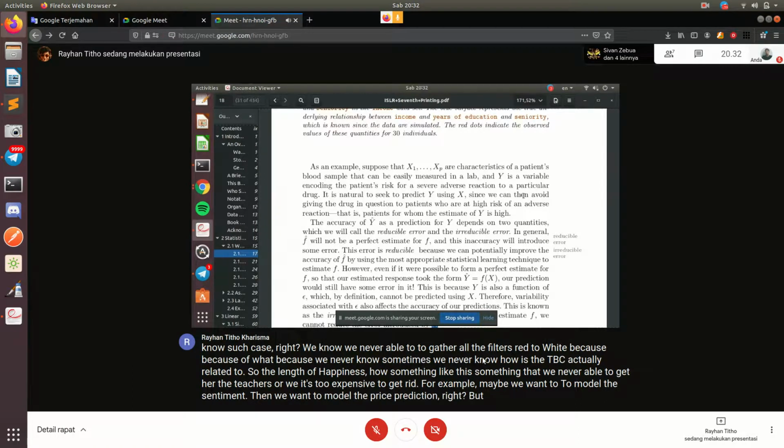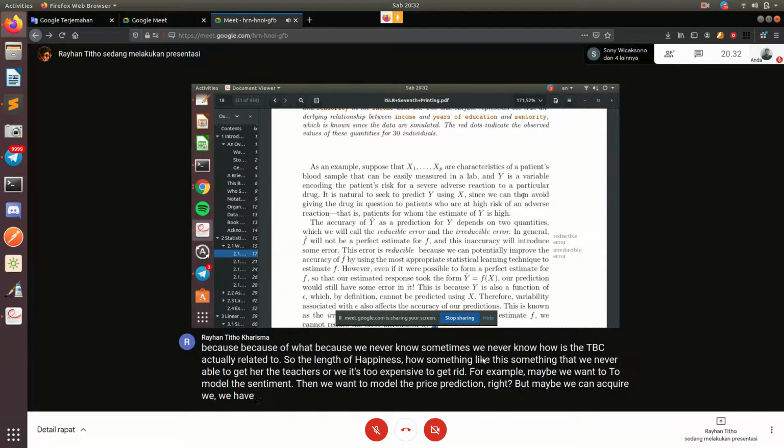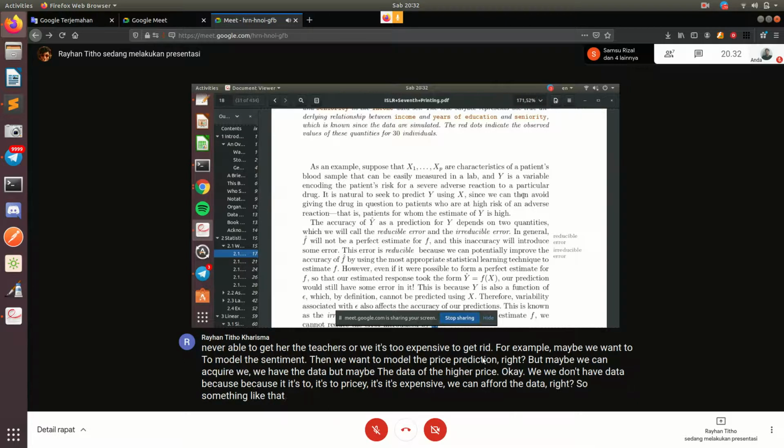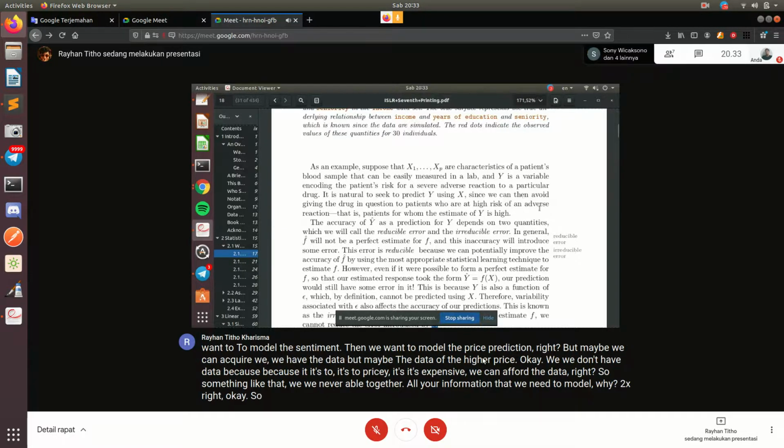We have the data, but maybe the data of the higher prices we don't have because it's too pricey. It's expensive, we can't afford the data, right? So we are never able to gather all the information that we need to model Y from X. Okay, so that's the irreducible error.